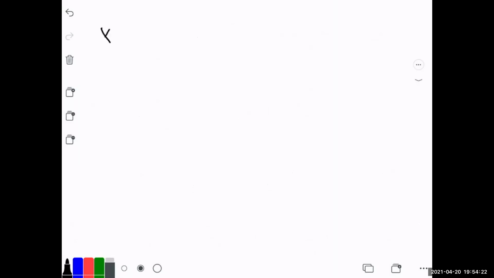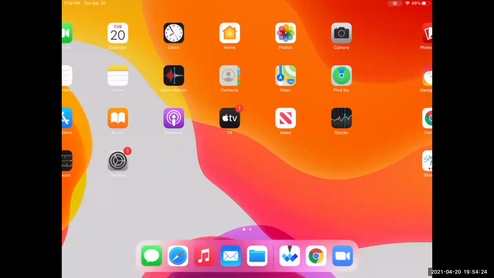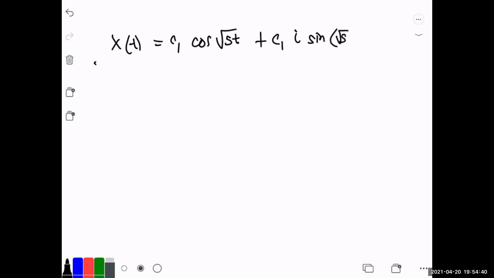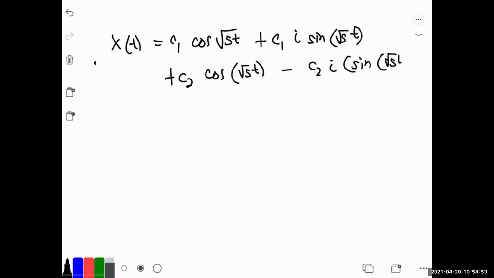Okay, let me show you, because there are actually arbitrary constants. So x of t is c sub 1 cosine of square root of 5t plus c sub 1 I sine of square root of 5t, and then plus c sub 2 cosine of square root of 5t minus c sub 2 I sine of square root of 5t.